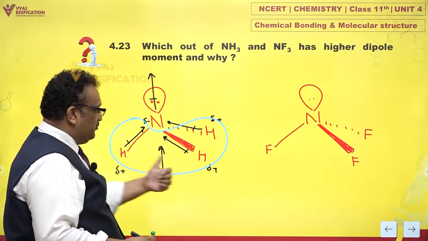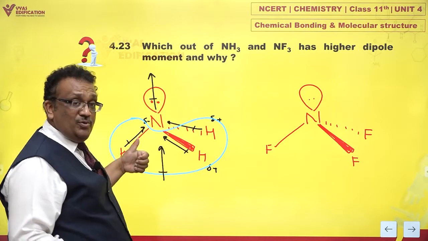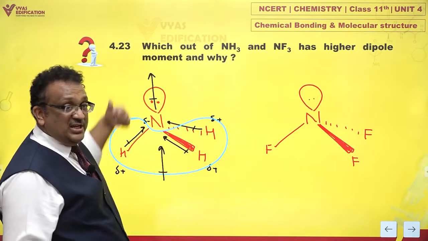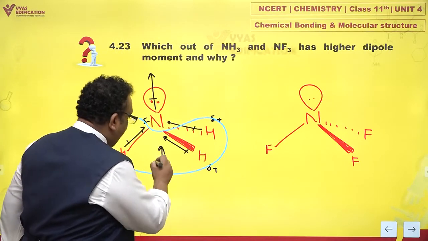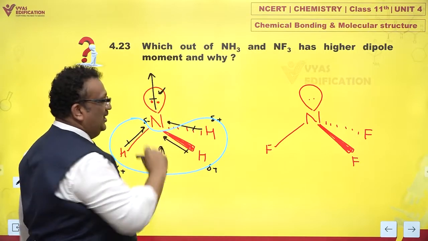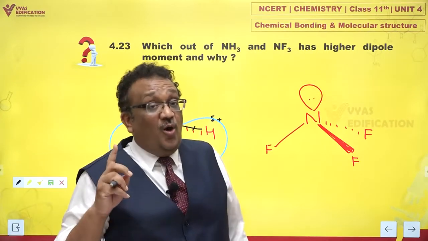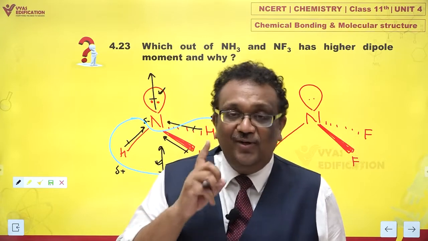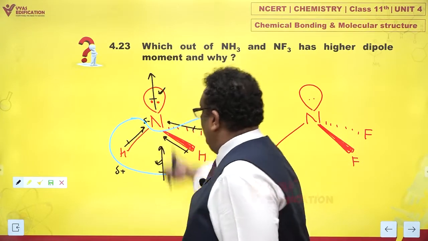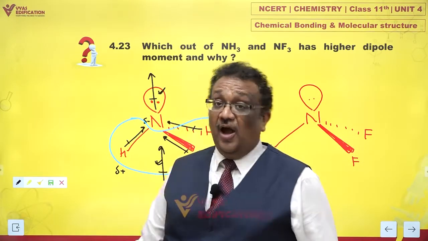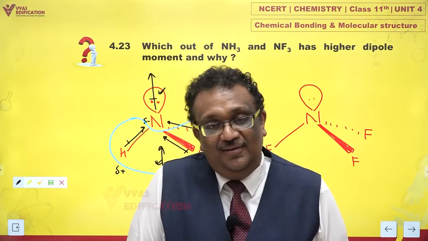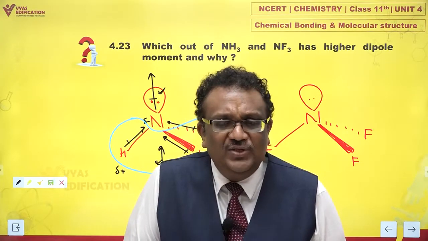So 3 NH bonds add up to give you an upward dipole moment. And the lone pair also has a dipole moment upwards. So these dipole moments add up. So the dipole moments of NH bonds and that of the lone pair add up to give you a significantly high dipole moment of ammonia.